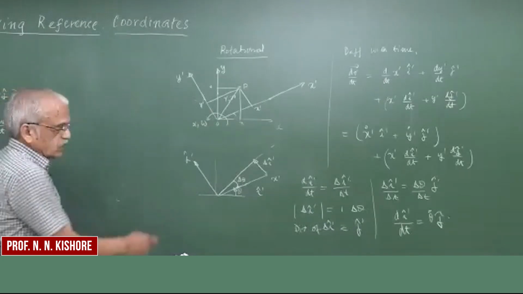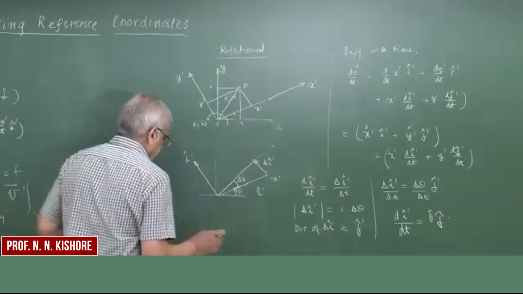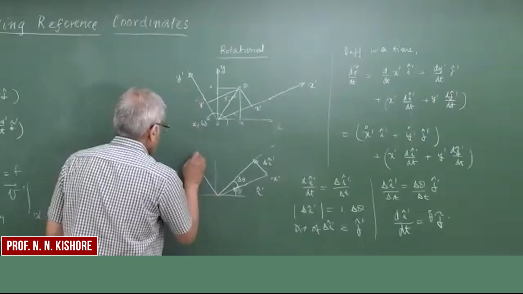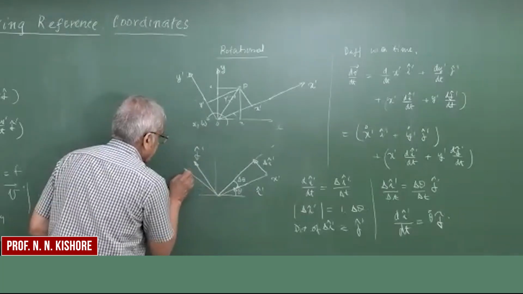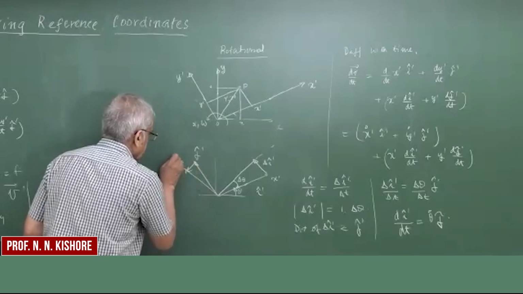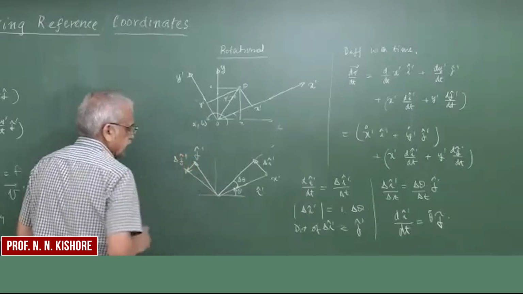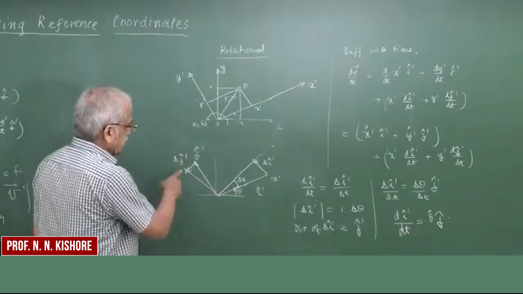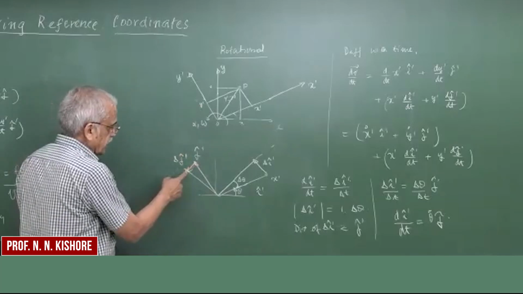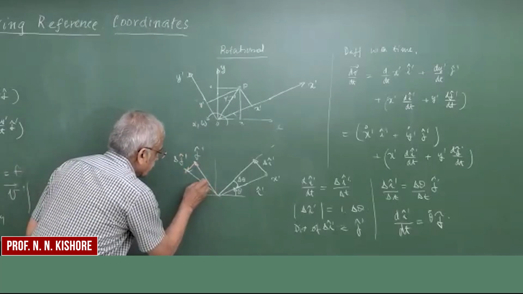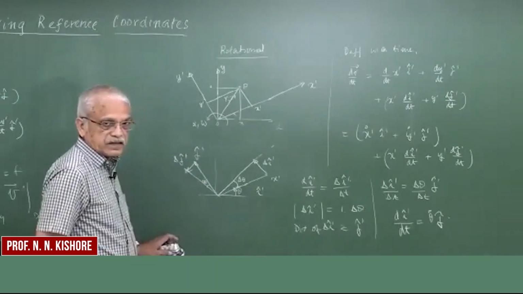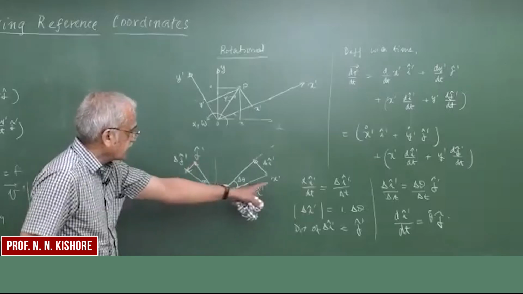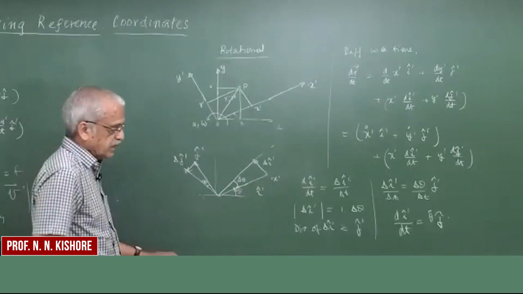A similar thing which we have done in the case of polar coordinates is essentially the same. Similarly here, during the same time, if you have delta j prime, you can see that its magnitude is 1 times delta theta, and its direction is opposite to that of i.